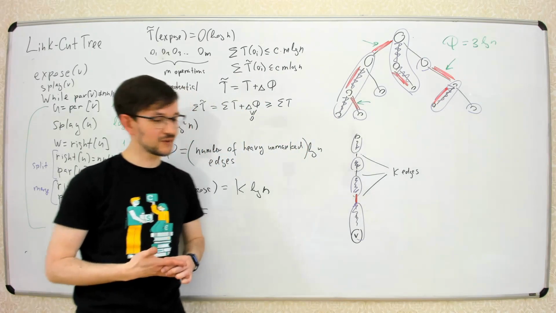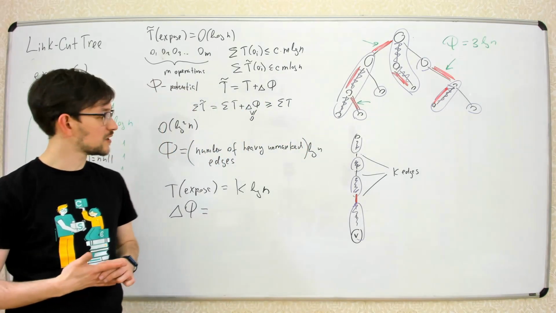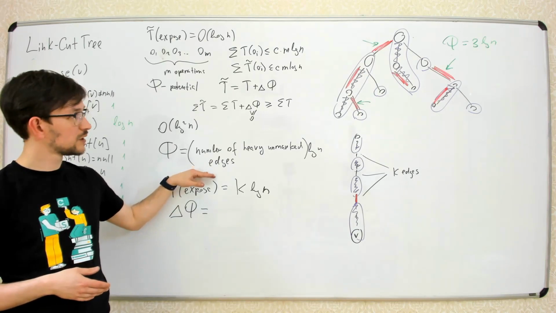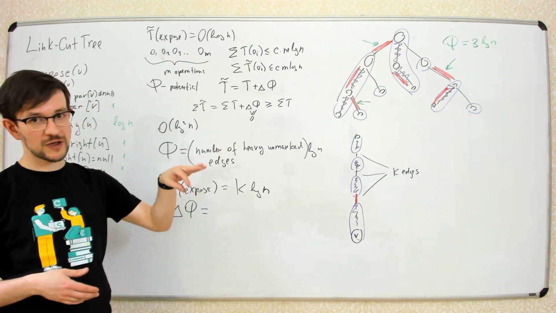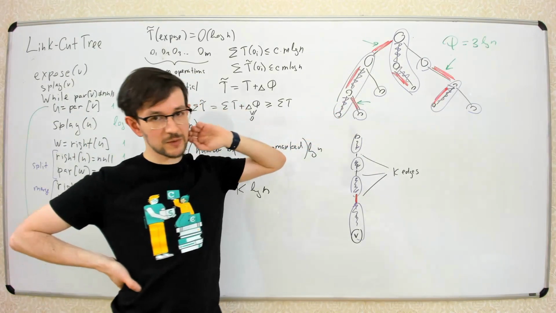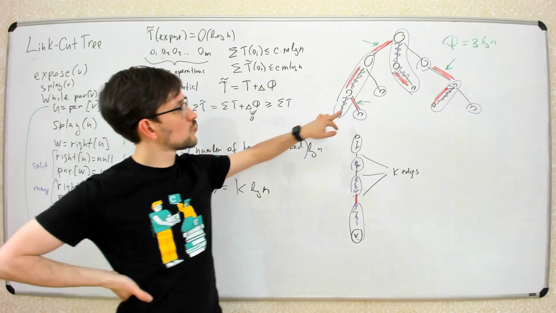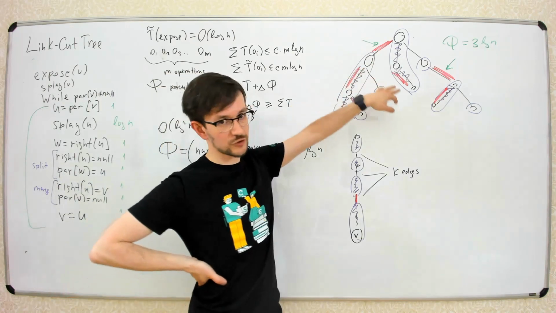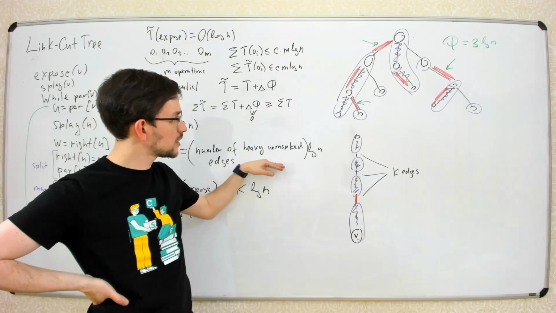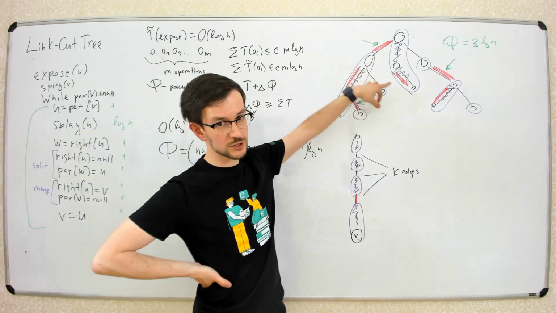Again, I will repeat it until you get what's going on. This potential function is simply the number of heavy unmarked edges. So you have your tree, you have some edges marked and some edges not marked. You find some heavy edges on your tree, and this potential equals the number of these unmarked edges.